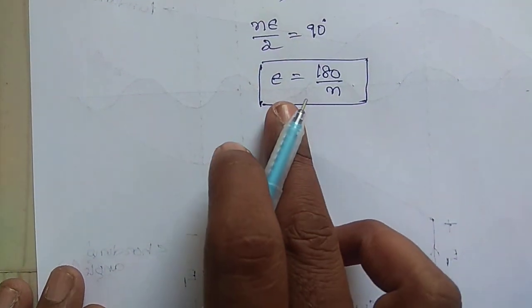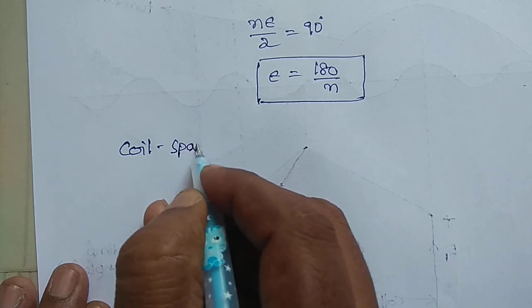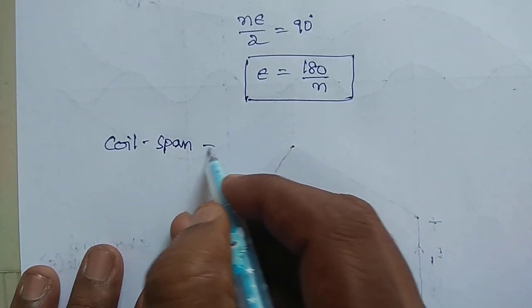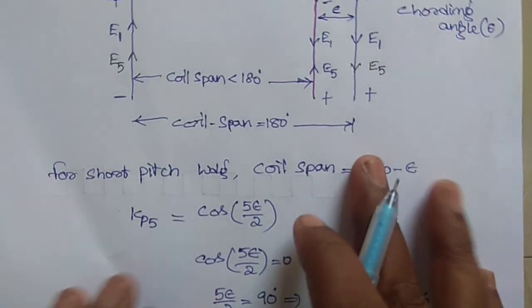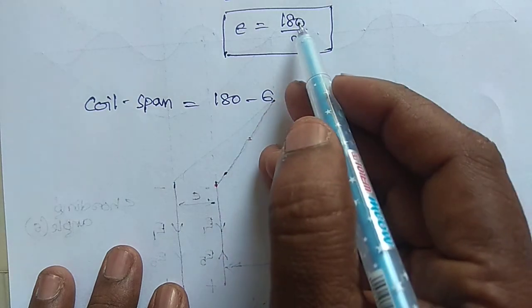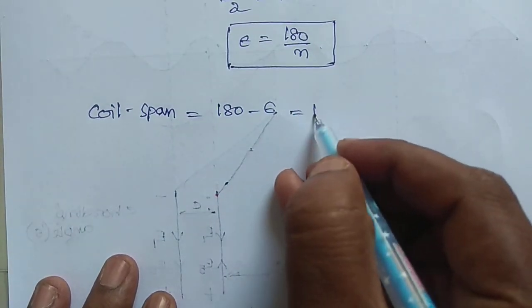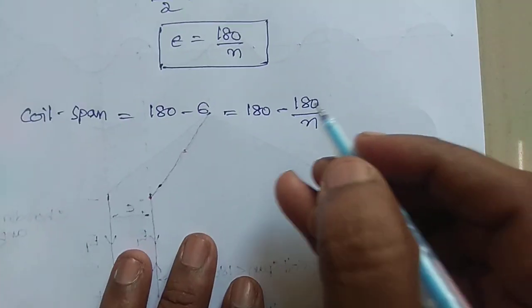So what is the coil span when I want to eliminate the nth order harmonic? Coil span equals 180 minus epsilon in case of a short pitch winding. I already explained that. Substitute this epsilon value here. So you get 180 minus 180 by n, where n is the order of the harmonic.